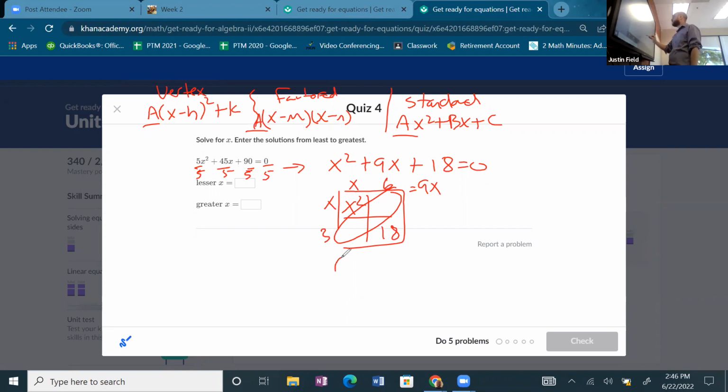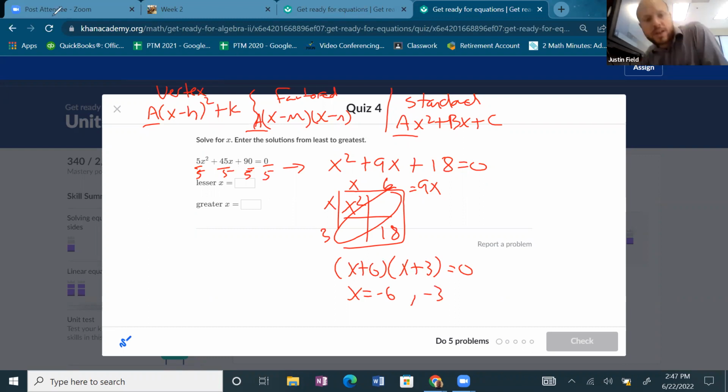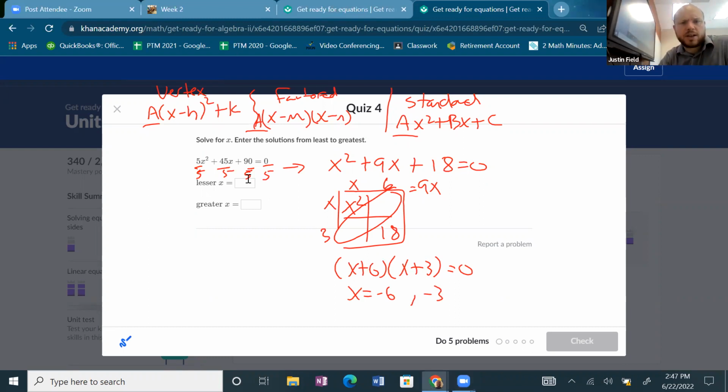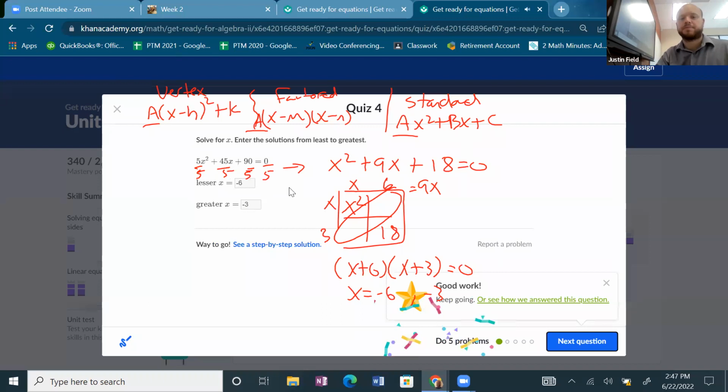So this thing factors into x plus 6 times x plus 3 equals 0. And that means the solutions are negative 6 and negative 3. So the lesser would be negative 6, and the greater would be negative 3.